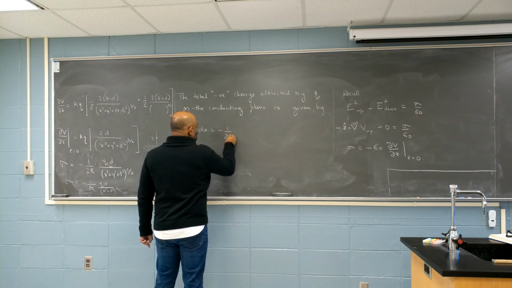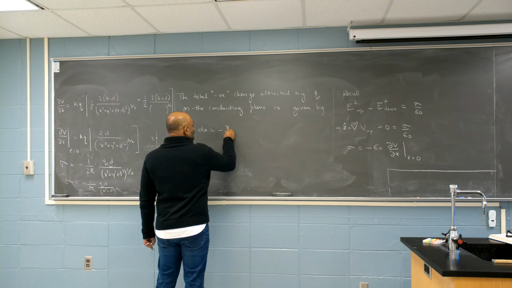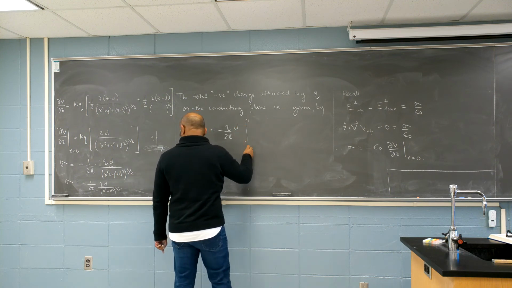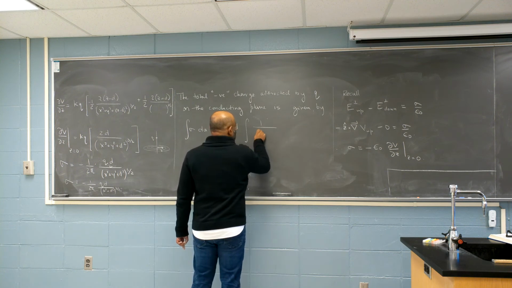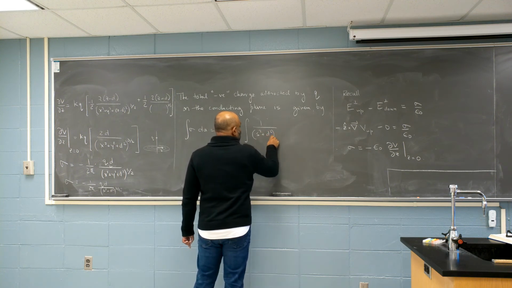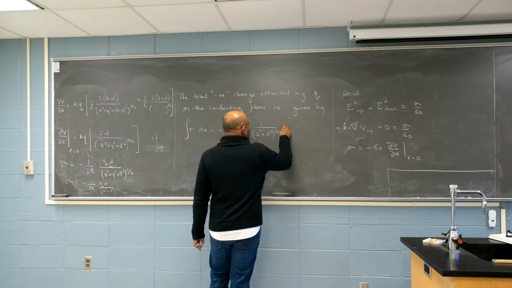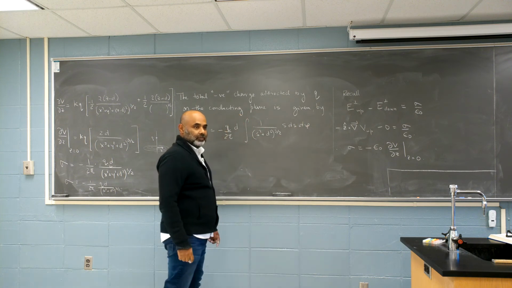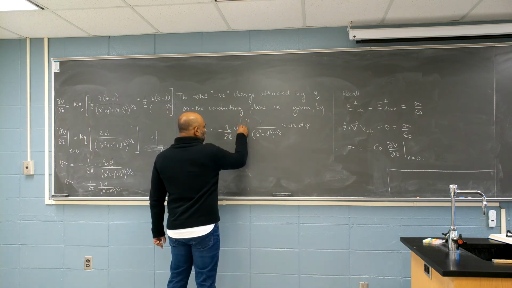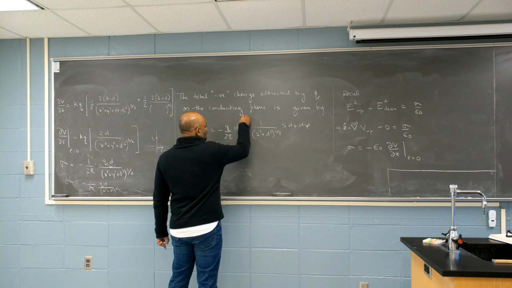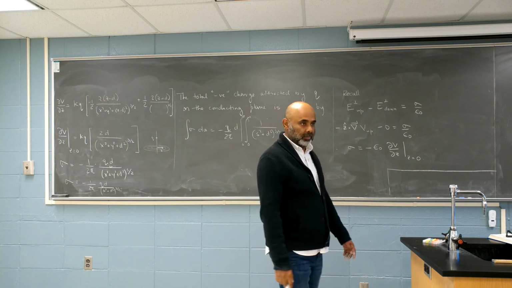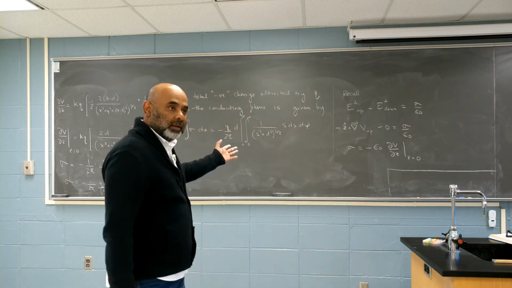Negative 1 over 2 pi q d times 1 over s squared plus d squared to the 3/2, s ds d phi. D phi goes from 0 to 2 pi, and s goes from 0 to infinity. It's an infinite conducting plane. Well, this better give me 2 pi, and it does.